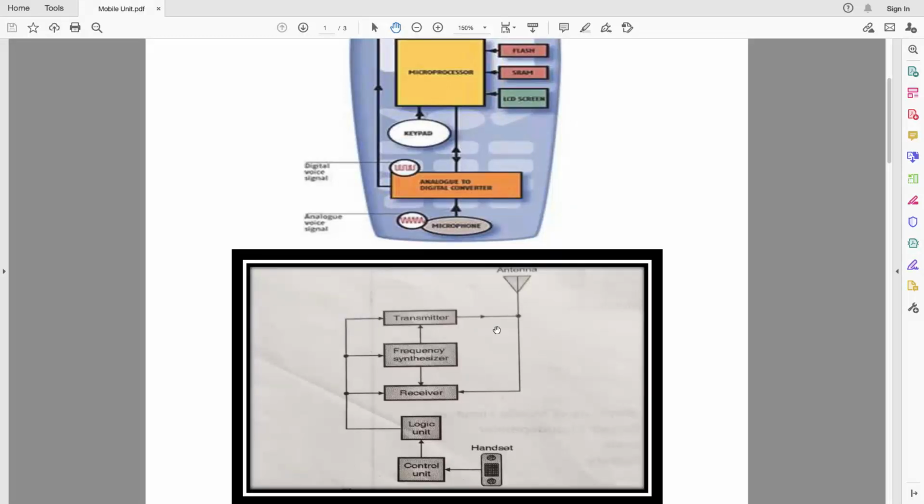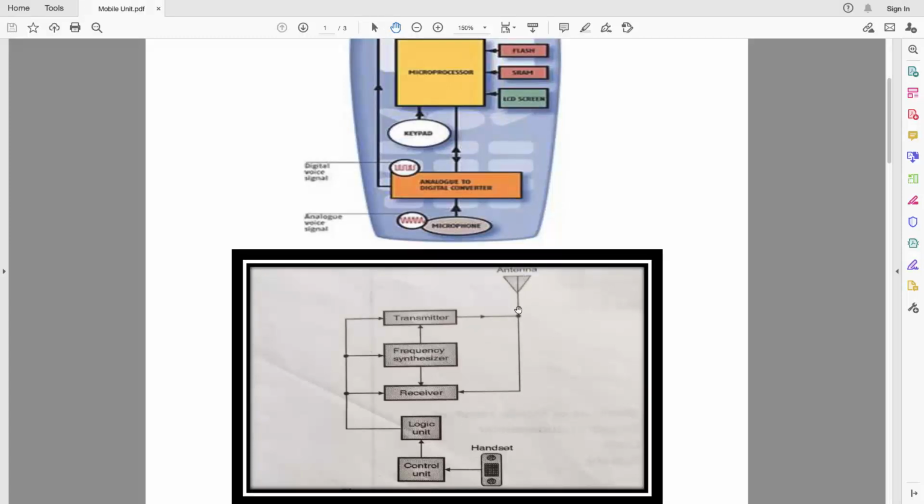Then we should think about how one antenna is shared between the transmitter and receiver. So actually there is a duplexer. Duplexer means there is a switch. So what is the function of the switch? It switches the antenna to the transmitter and to the receiver alternatively. It is the responsibility of the duplexer to connect the antenna to the transmitter or receiver.